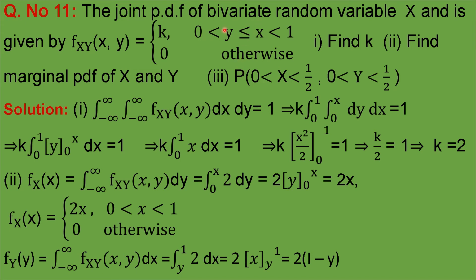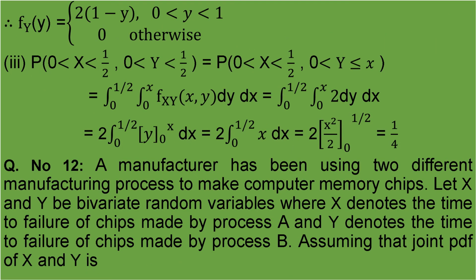So the integral from y to 1, f(x,y) is k, which means 2 dx, keeping 2 outside the integral sign. The integral of dx is x, difference at 1 and y. So 2 into 1 minus y. So f_Y(y) is 2 into (1 minus y) for all the y values between 0 and 1, and it will be equal to 0 for other values.